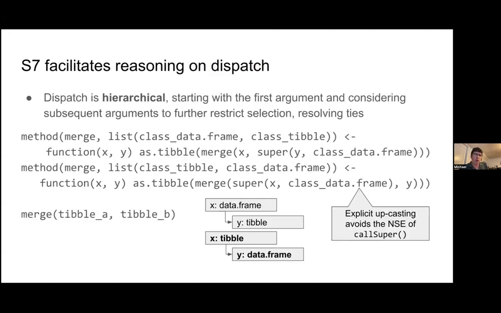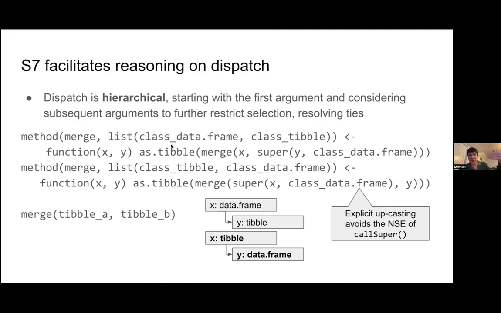Okay, so to get onto the more meaty part, around how we're changing how dispatch and inheritance work. The dispatch shouldn't be a big deal, but we did decide to make dispatch hierarchical, so it's a lot easier to reason about. You start with the first argument. In the case of defining these merge methods with S7, you would first look at: is this object a tibble, or is it just a data frame?